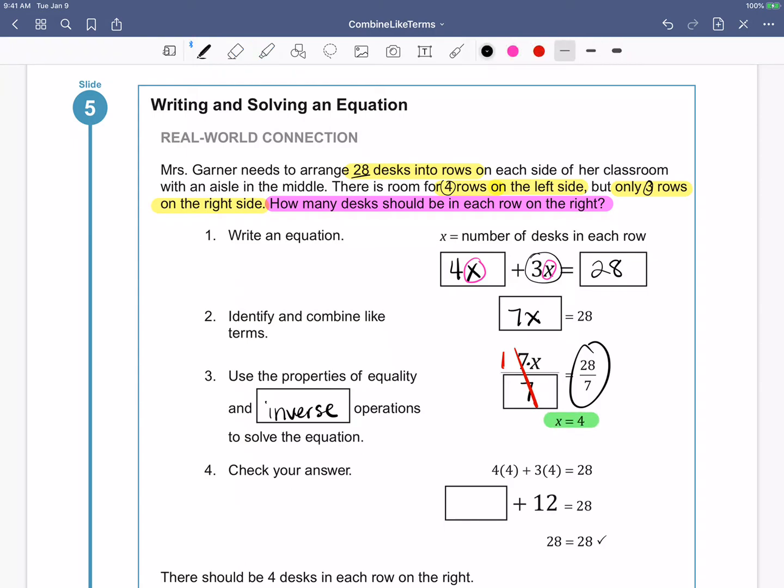And now it is time to check my answer. So 4 times 4 is 16. 3 times 4 is 12. 16 plus 12. And that's going to give me 28. Okay, so there should be 4 desks in each row on the right. Okay?